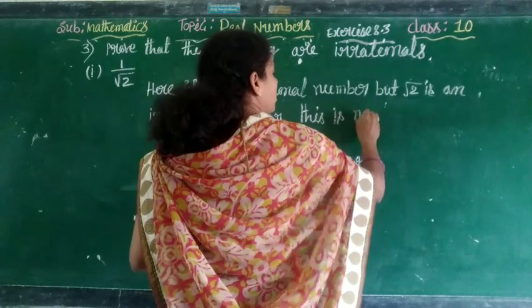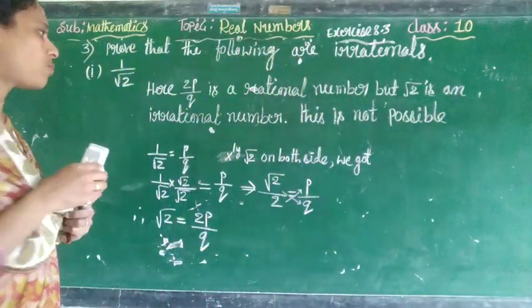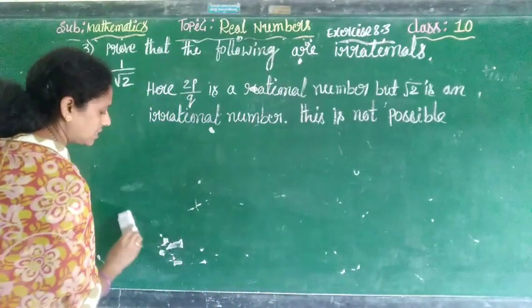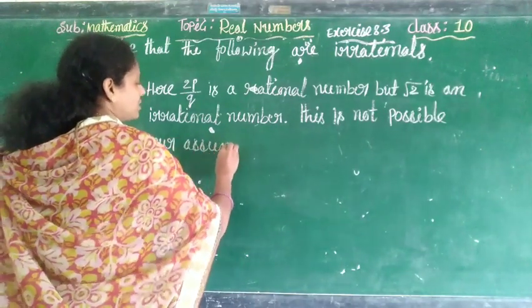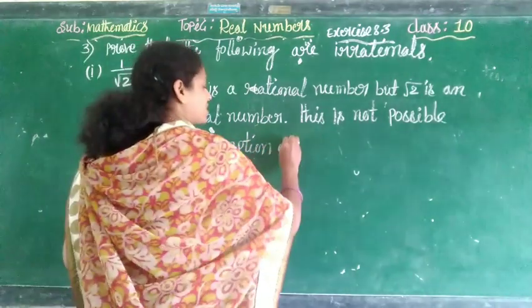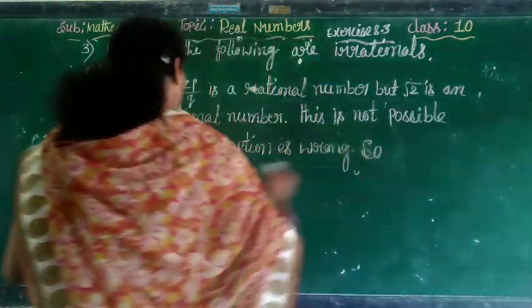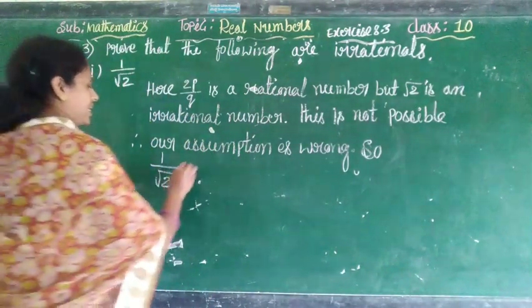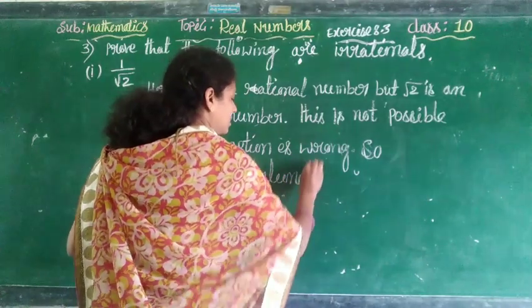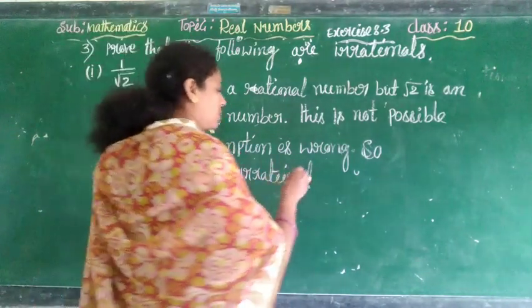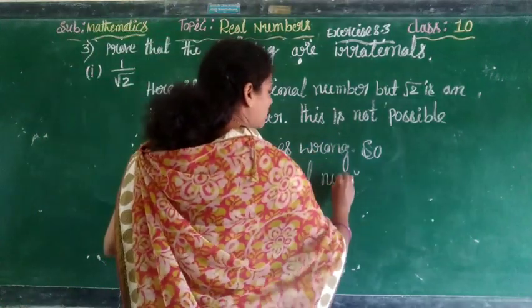This is not possible. Therefore our assumption is wrong. So 1 by root 2 is an irrational number.